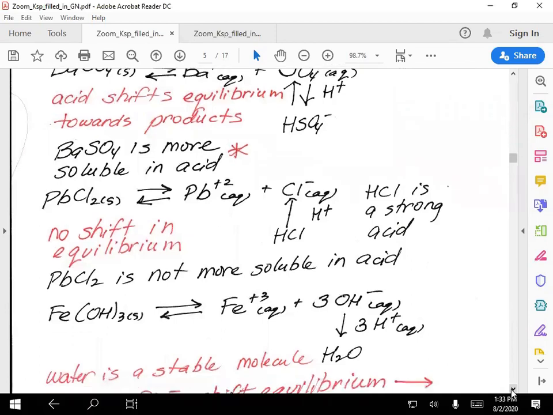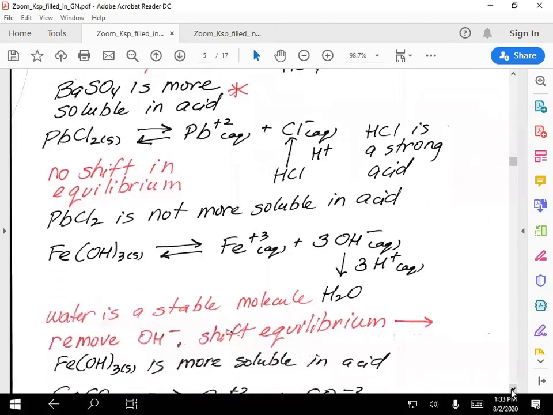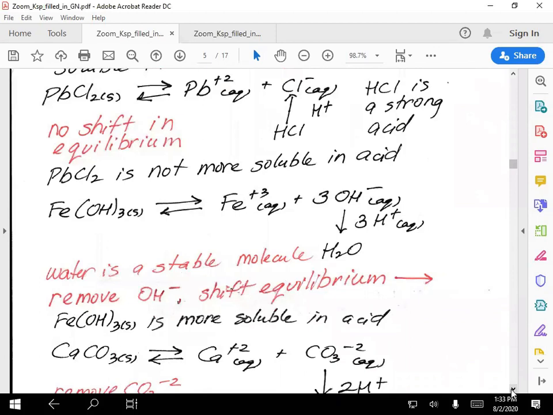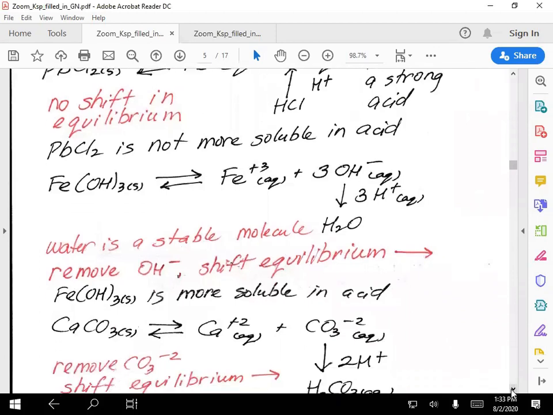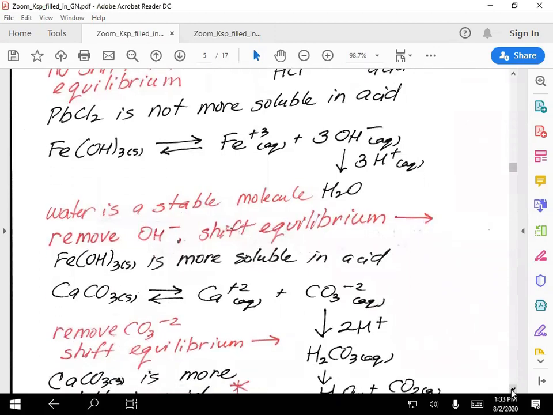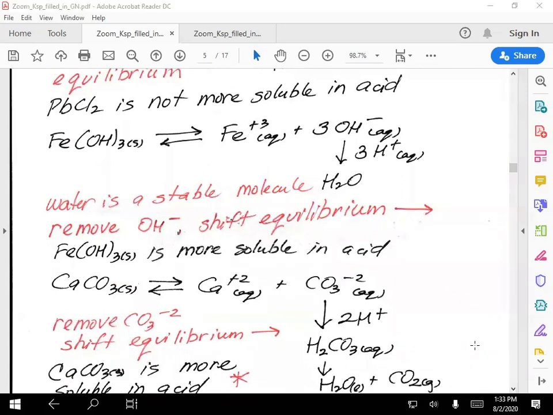Let's look at the iron 3 hydroxide. So iron 3 hydroxide is in equilibrium with iron plus 3 and hydroxide. We have H plus.